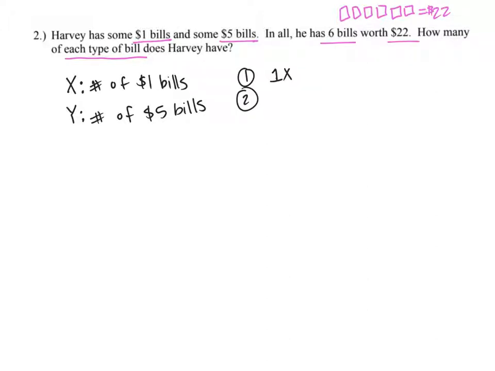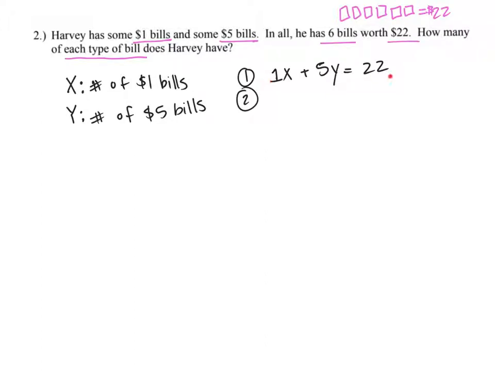And that would give me how much money I have for just $1 bills. And for $5 bills, I would take how much a $5 bill represents, which is 5, and multiply it by the number of $5 bills I get, and that tells me how much money I have for just $5 bills. So 5 times y. And then all together, when I add it up, I should get $22 because that's how much money Harvey has total.